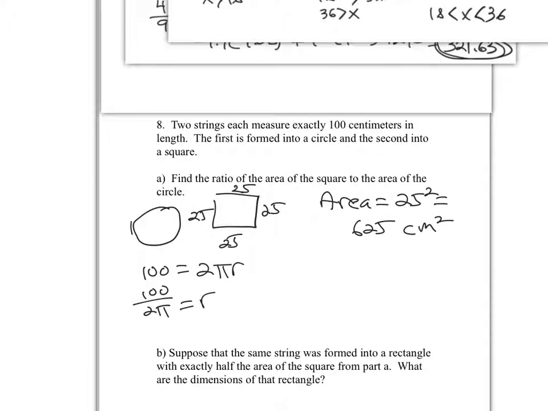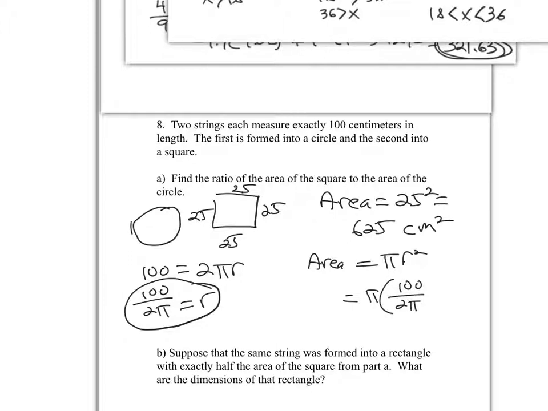The area of the circle is equal to pi r squared. So we can say the area is equal to pi times our expression for r, which is 100 over 2 pi, and that is squared.